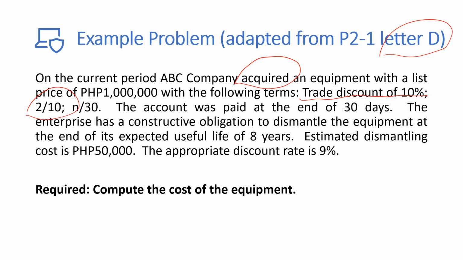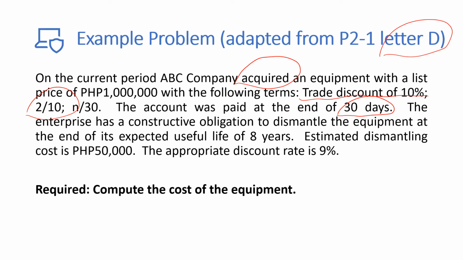So the account was paid at the end of 30 days. So therefore, the company is not anymore qualified for the cash discount. So we will have here the discount not taken account or loss from not taking the discount or not paying within the discount period. So ayan, no?